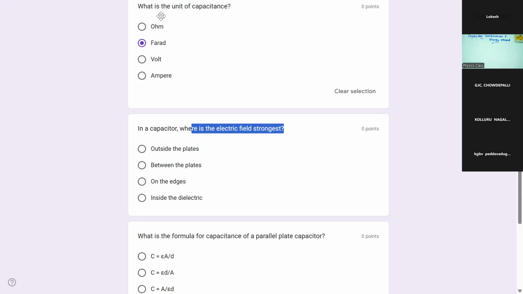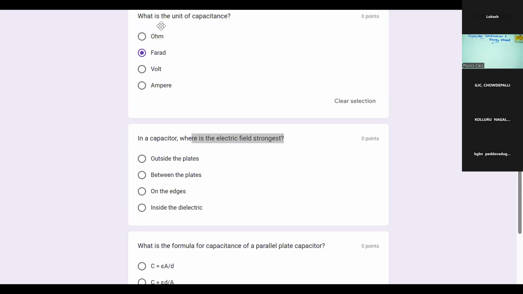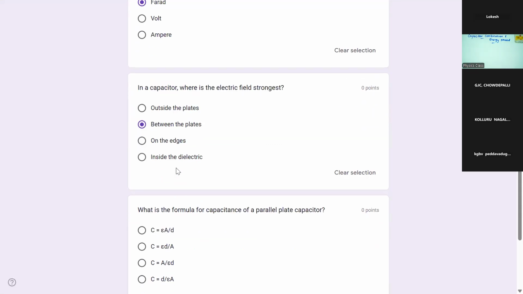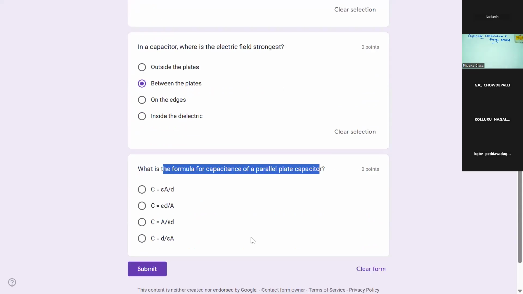Between the plates. Very good. And the final one, an important formula.